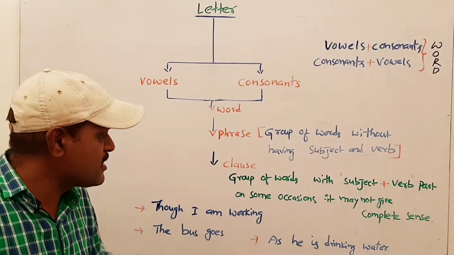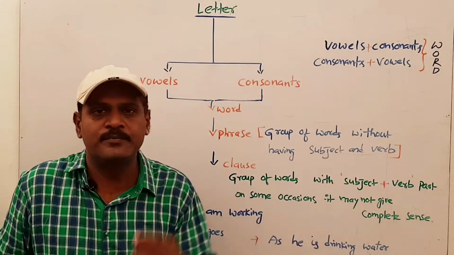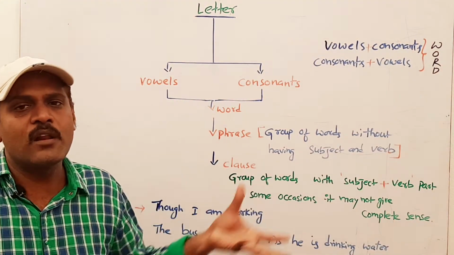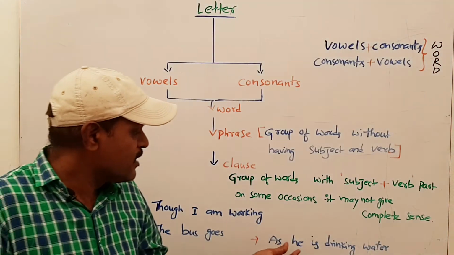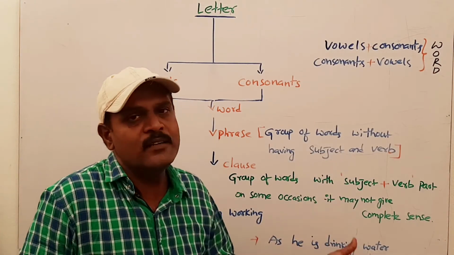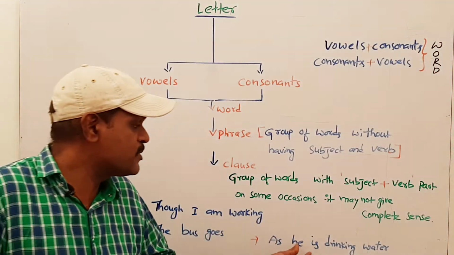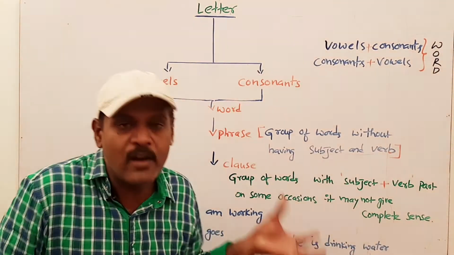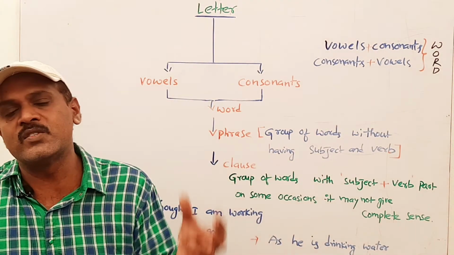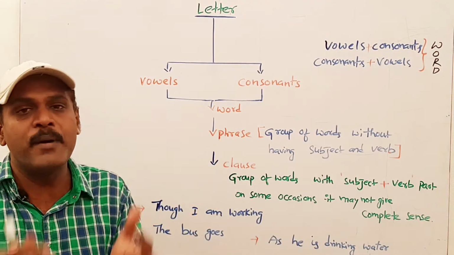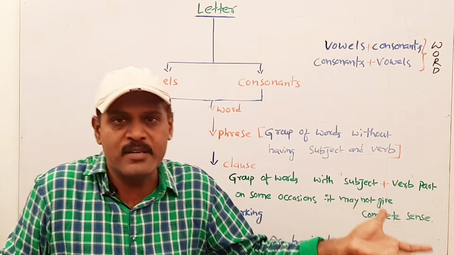The next one is "as he is drinking water." It is also a clause. Why? Because he is the subject, and is drinking is the verb. So it has a subject plus verb unit, and it is a group of words. That's why it is a clause. But it doesn't give complete sense.